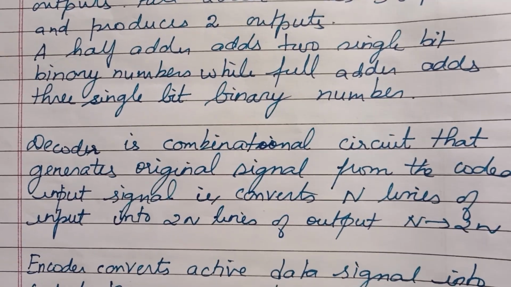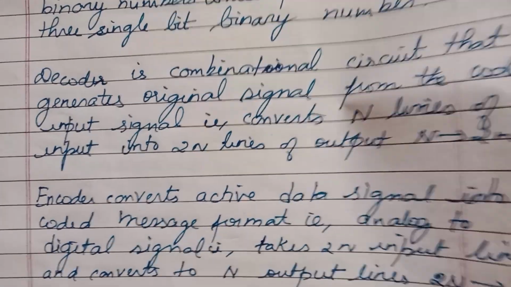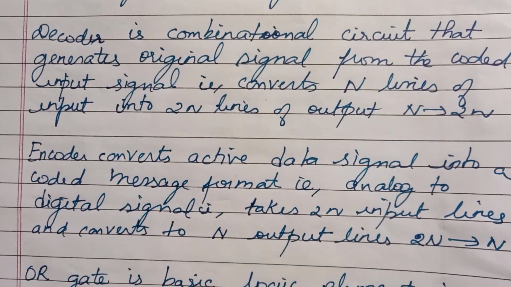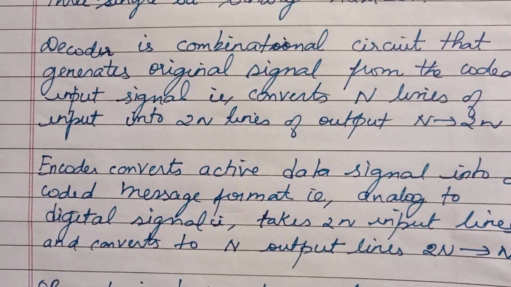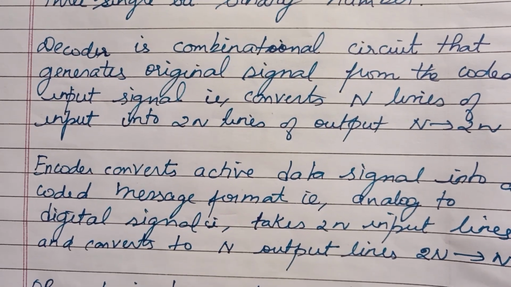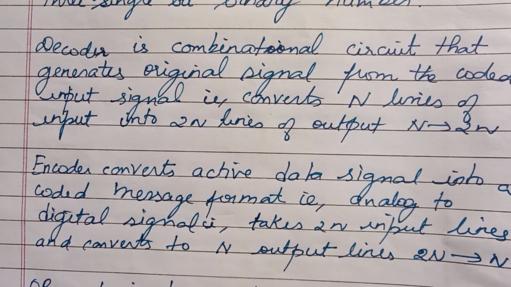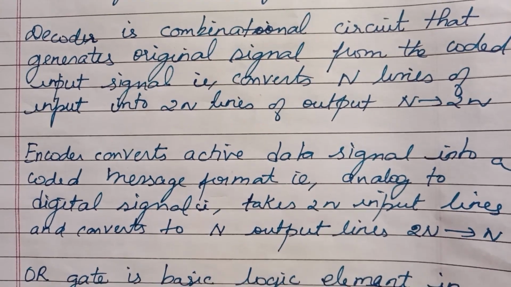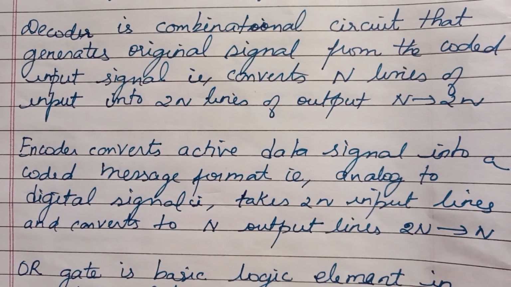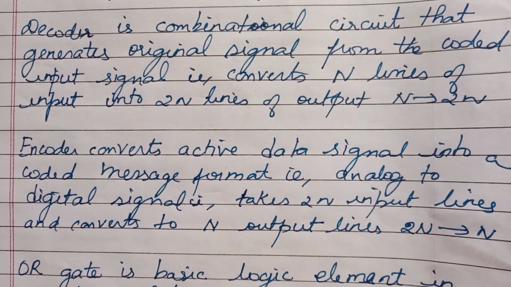Encoder converts active data signals into a coded message format. So the activity of an encoder is that it will encode the data signal into a coded format. That is, it converts an analog to a digital signal. It will take 2^n input lines and convert them to n output lines.